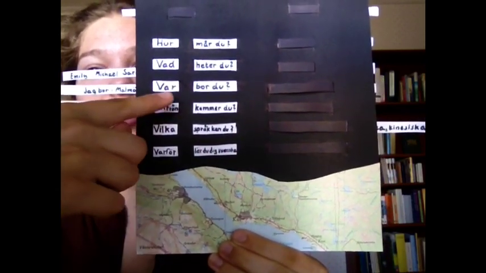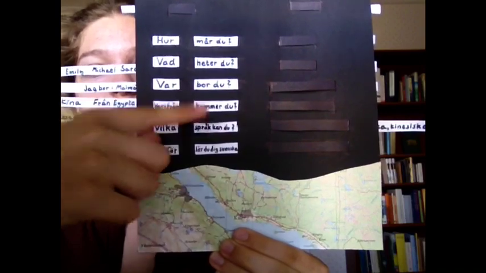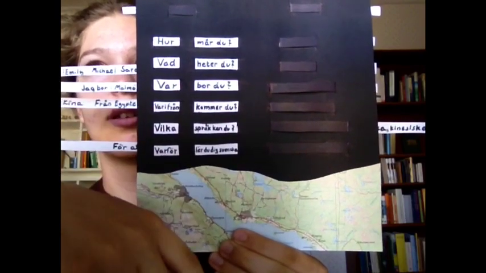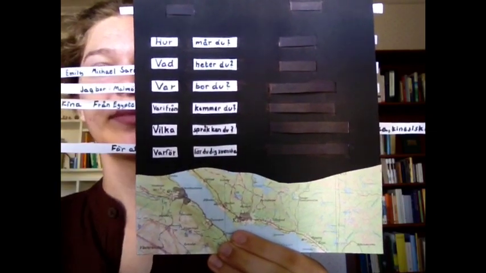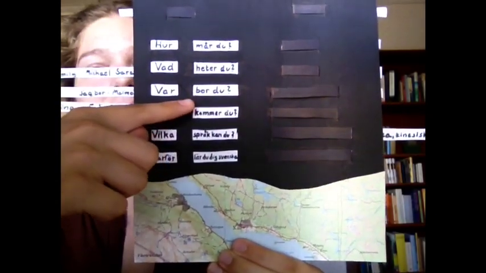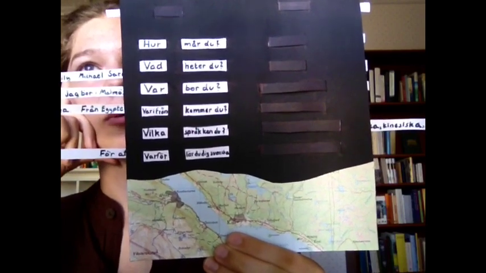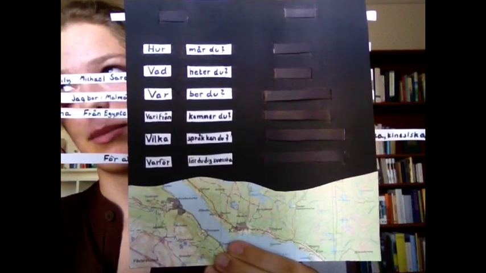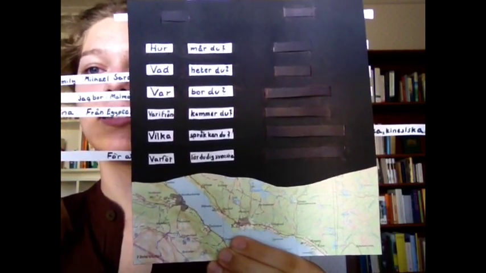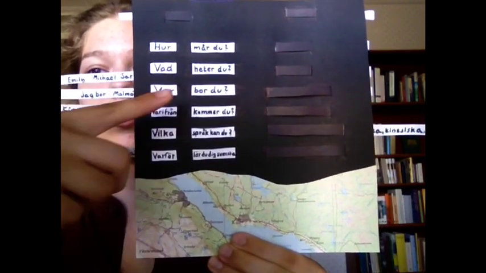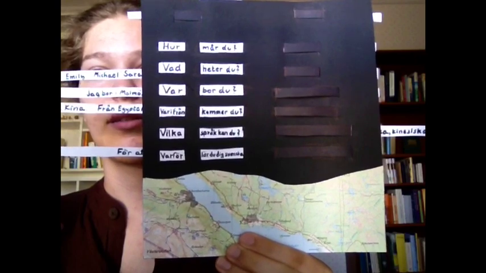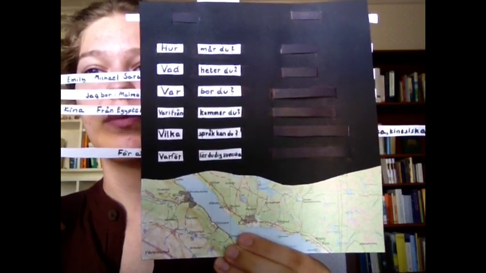So if you just translate where, it becomes var, live, bor, you, du. And bor is not living in general, it's more like reside, or living in a specific place. So you only use it in that context, like where do you live, var bor du?